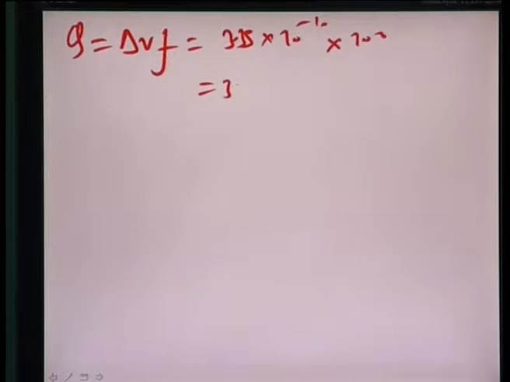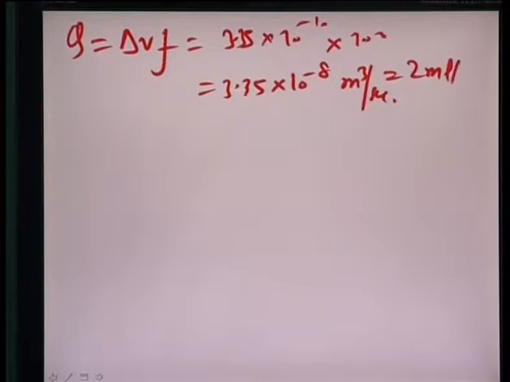So, in other words, the pumping rate Q is delta V times F, which is 3.35 times 10 to the power of minus 10 times 100, which is essentially 3.35 times 10 to the power of minus 8 meter cube per second, which is about 2 ml per minute. That is the total flow rate in this particular case.